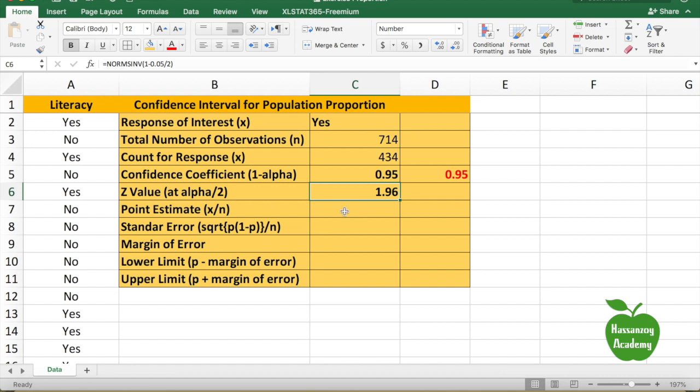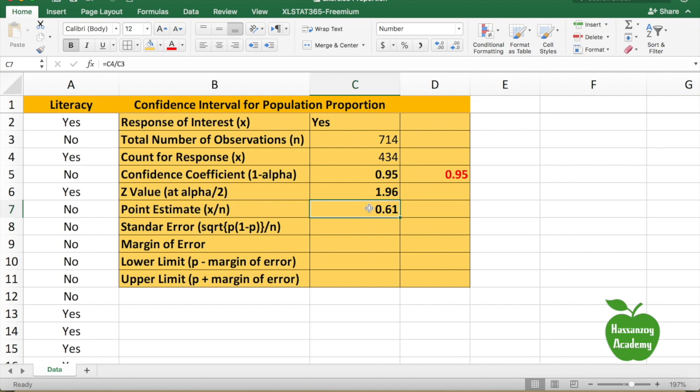Fourth, we estimate sample proportion as the ratio of the number of literate rice farmers to the total number of farmers. That is very easy, just type equal to the number of rice farmers who are literate, that is in numerator, and the total number of rice farmers will be in the denominator, and then press enter.